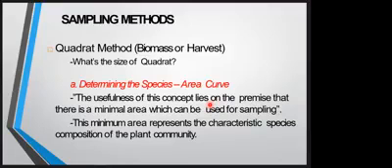So the usefulness of this species area curve concept lies on the premise that there is a minimal area which can be used for sampling. This minimum area represents the characteristic species composition of the plant community. The end point of the species area curve is that you stop sampling when you reach the point where you no longer see any new species in that particular quadrat.